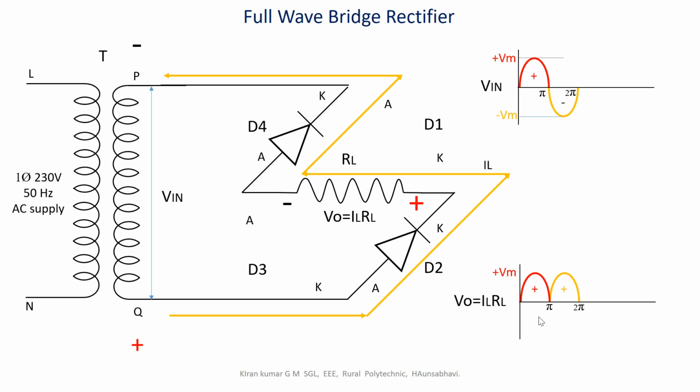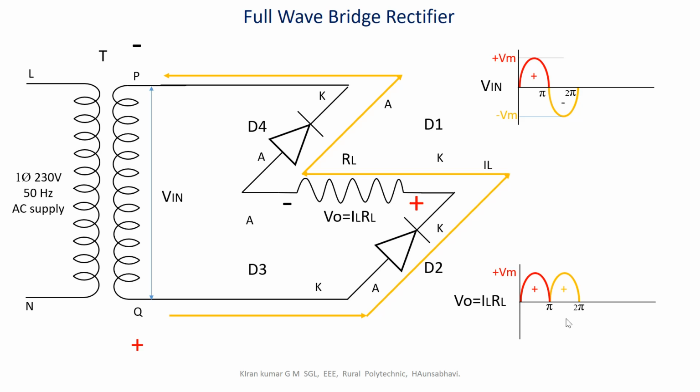That is why the output waveform from pi to 2 pi is drawn in the same positive polarity here. Though the input is in the negative polarity, the output produced is the same polarity.